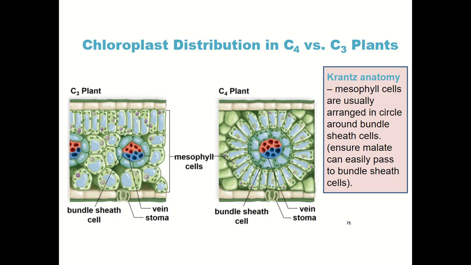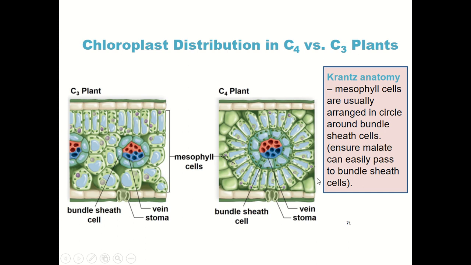As you can see here, in C3 plants, the bundle sheath is over here, and this one is the mesophyll cell. However, in C4 plants, the mesophyll cells surround the bundle sheath cells.